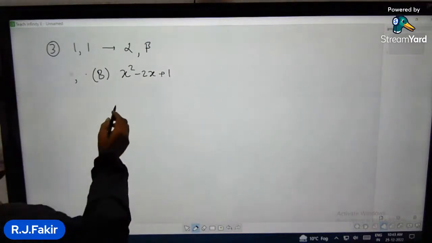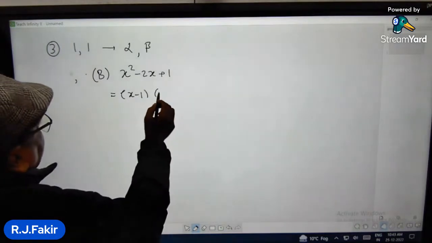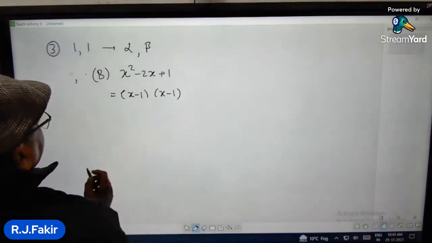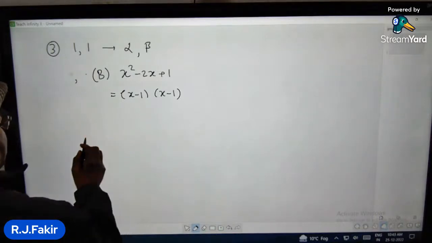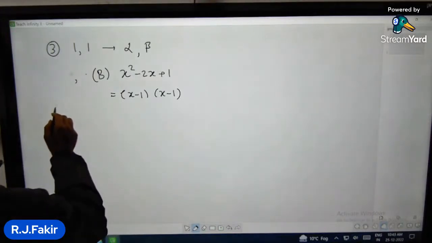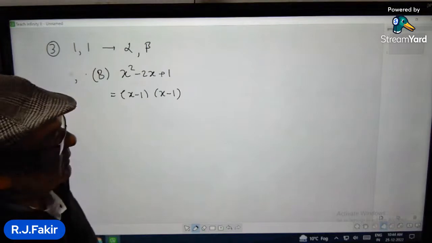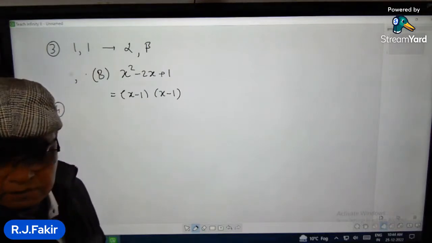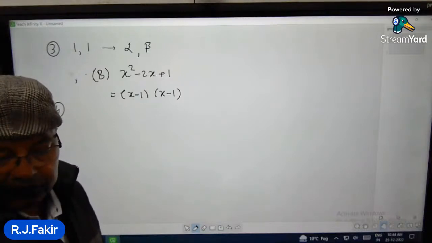If we factorize it, you can find that it is x minus 1 and x minus 1. That gives me the value of alpha and beta as 1 and 1. So you can write in the comments if you are not able to understand any of these questions.